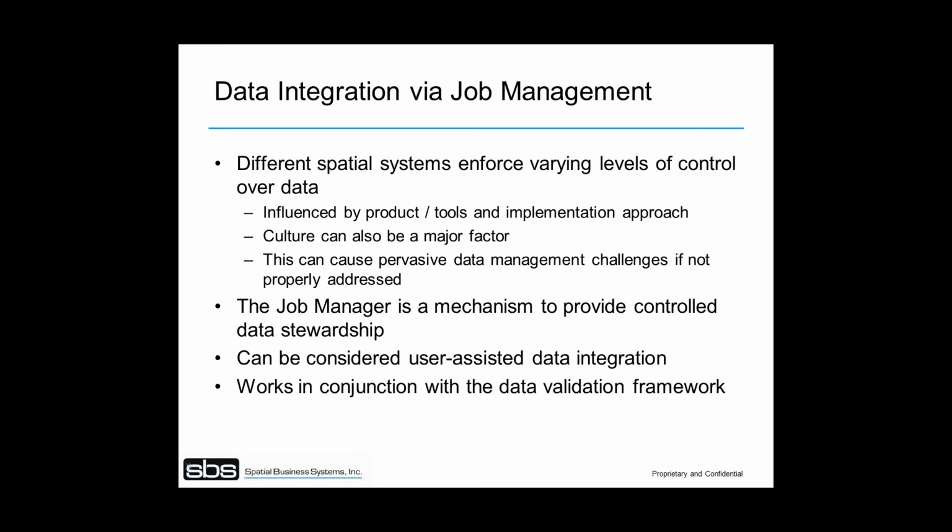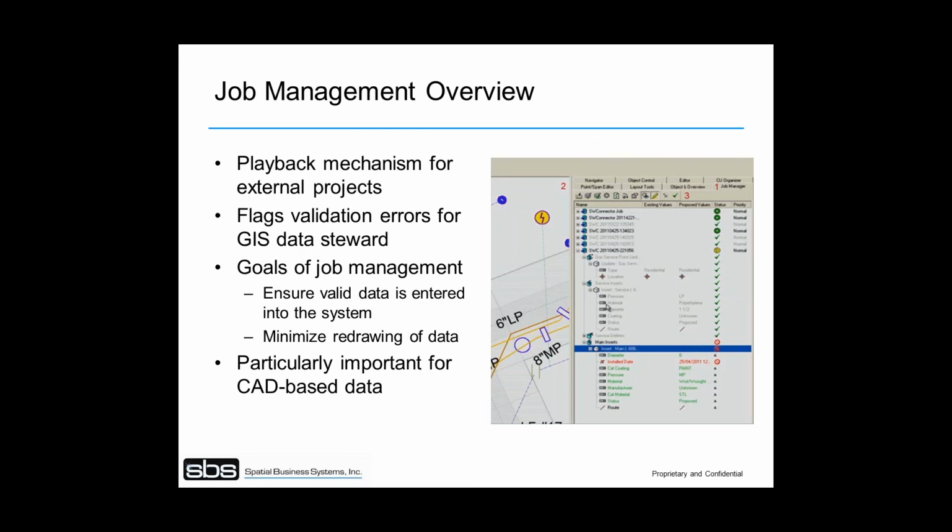And you can think of it as user-assisted data integration, so that when the data is being presented to a user, for example, if it's coming into the ODS or a master GIS repository, the data stewards can play back this external information coming into the system.